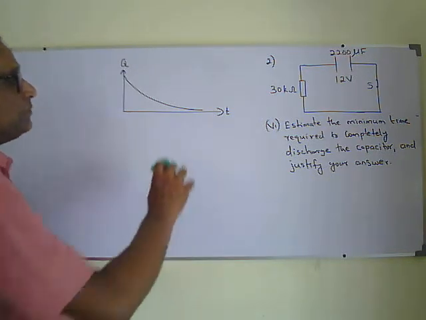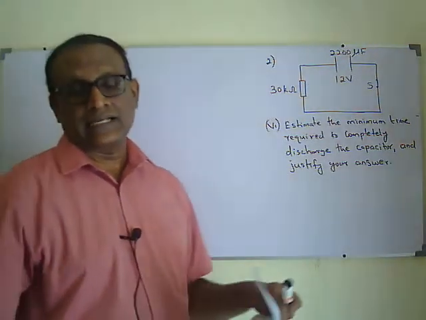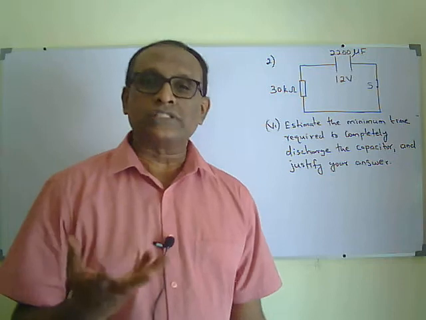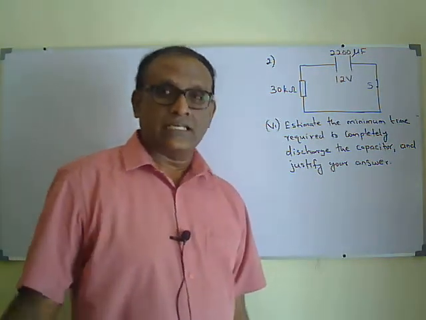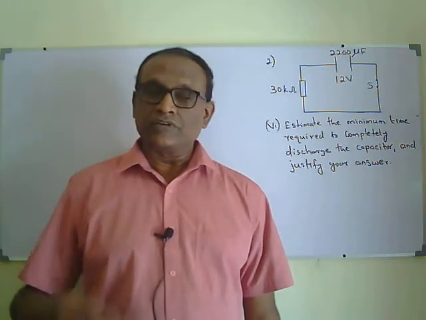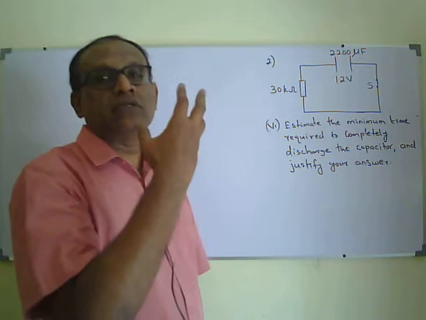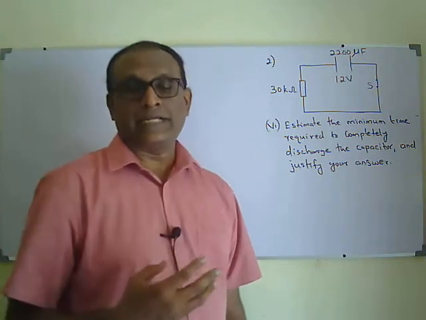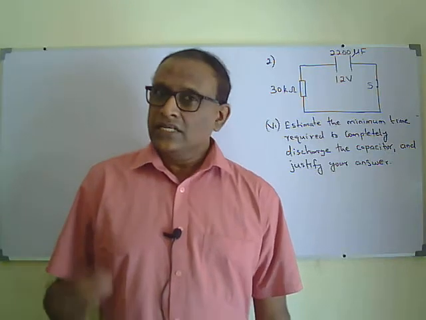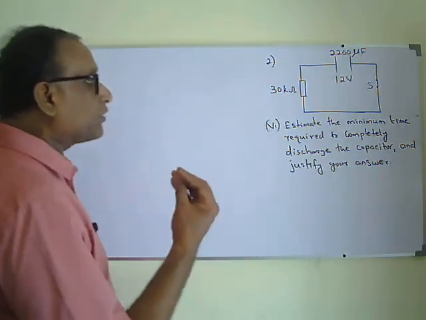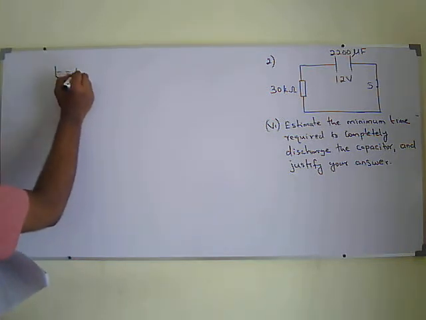But we can estimate the minimum time, how long it will take practically. I can say practically the capacitor is almost discharged. Sometimes in the past paper questions, Edexcel used this idea. So if I want to say the time to almost completely discharge, the minimum time, I can say 5 times the RC.